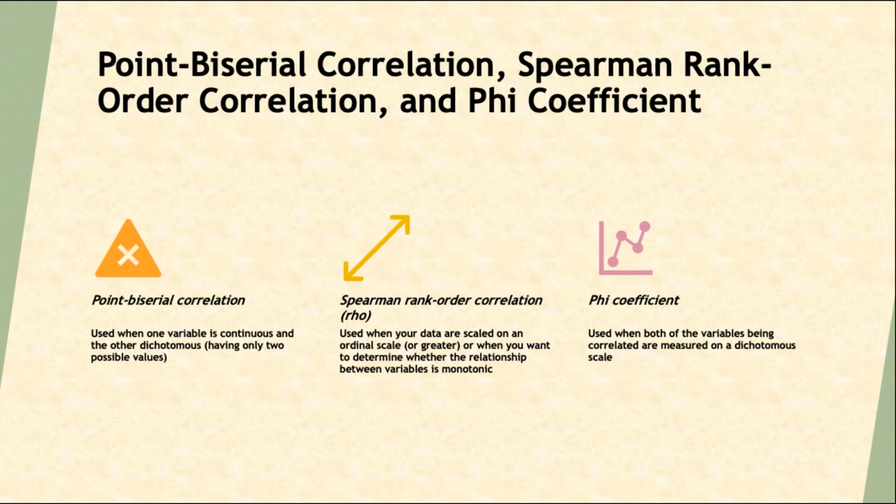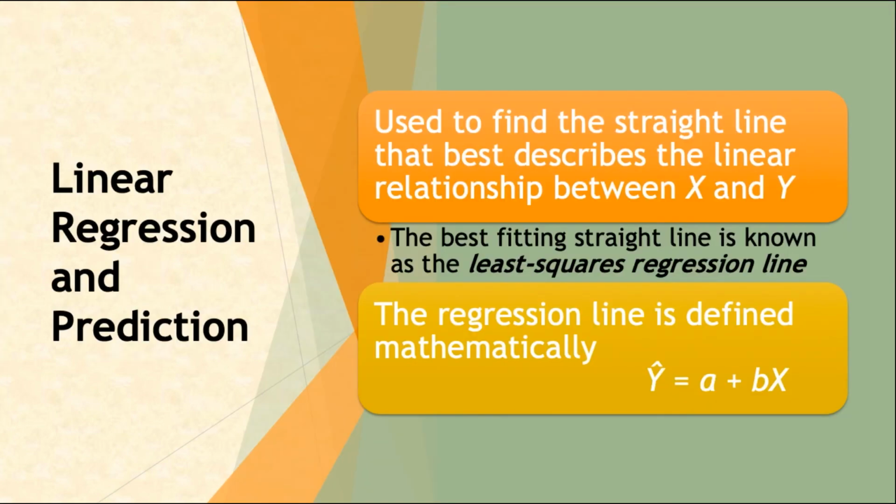Then we have linear regression and prediction. A topic closely related to correlation is linear regression. With simple correlation techniques, you can establish the direction and the degree of relationship between two variables. With linear regression, you can estimate values of one variable based on knowledge of the values of others.